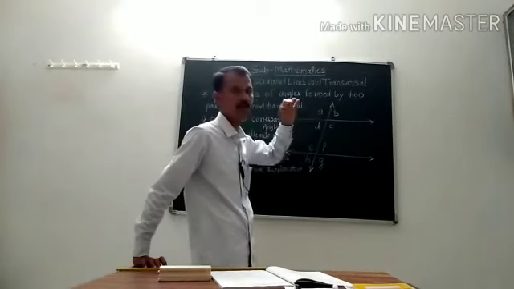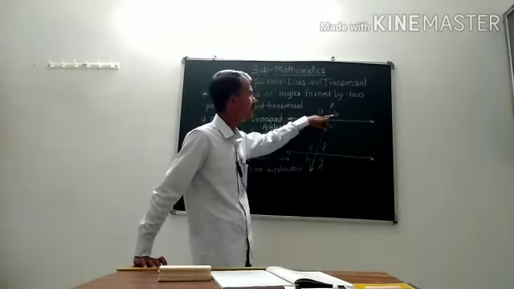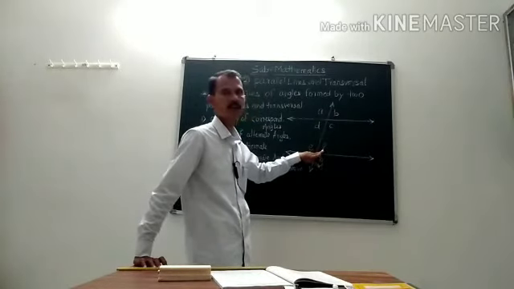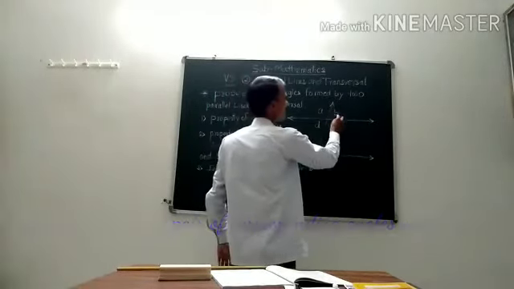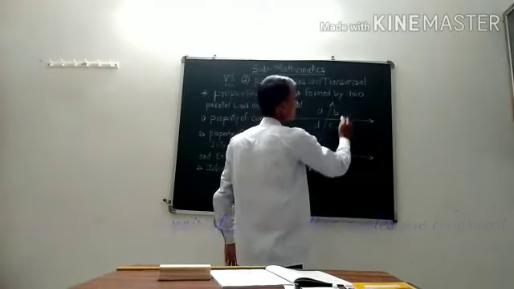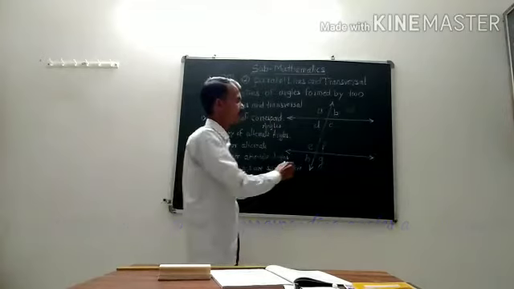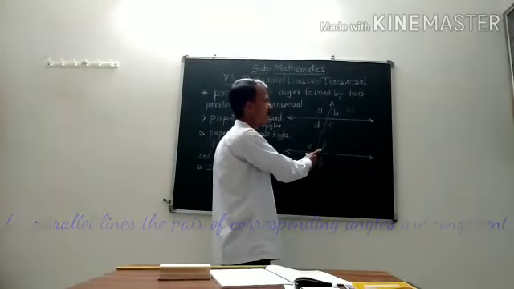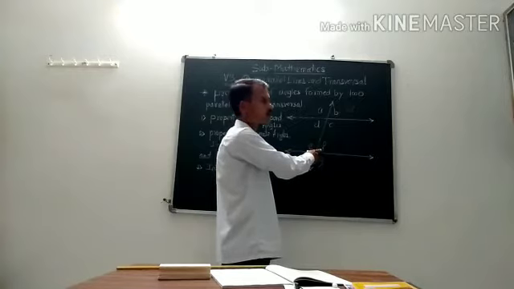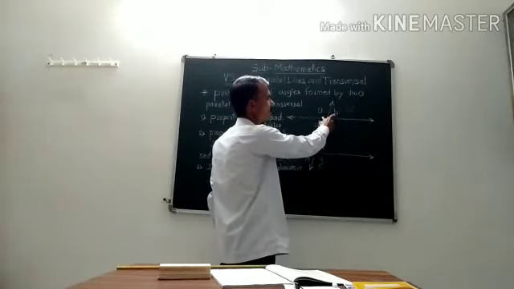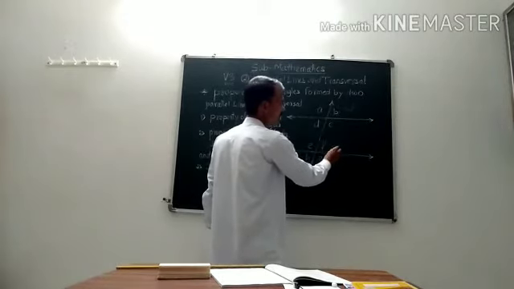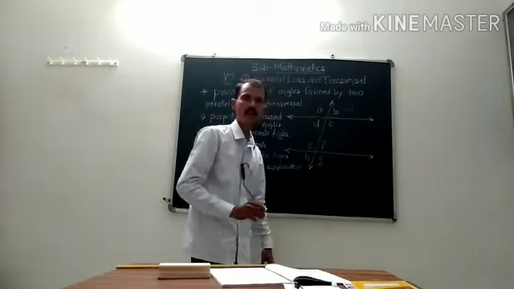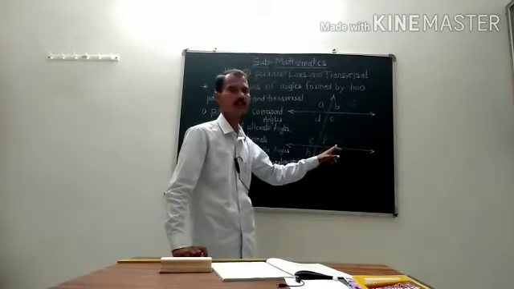Now after completing the activity, we get that the pair of corresponding angles are congruent. Suppose the measure of angle B is 70 degree, then the measure of angle F, which is the corresponding angle of angle B, is also 70 degree.